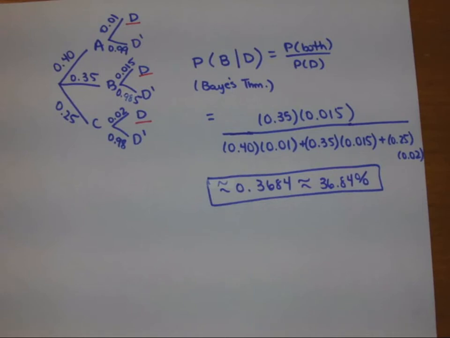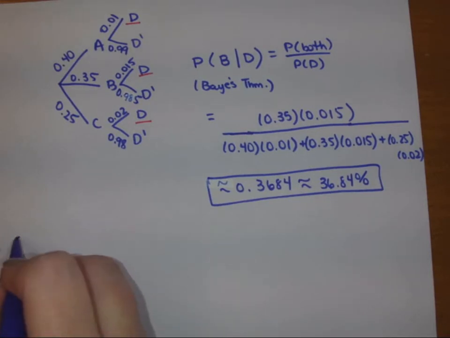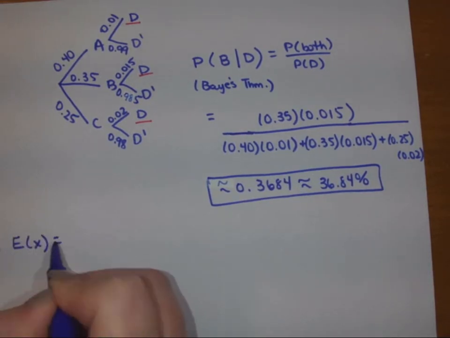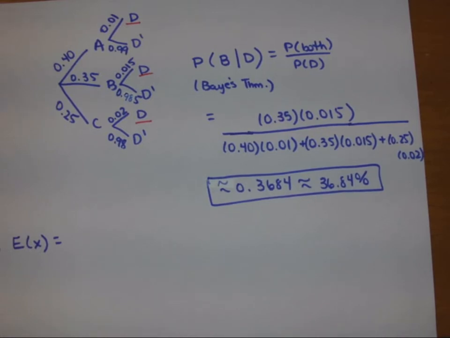Okay. Number 11, expected value. Expected value is one of the formulas that's on your formula chart. Expected value is a weighted mean when the values aren't equally likely. Notice 3 houses sold, 4 houses sold, 5 houses sold, those aren't the same probabilities across the board.